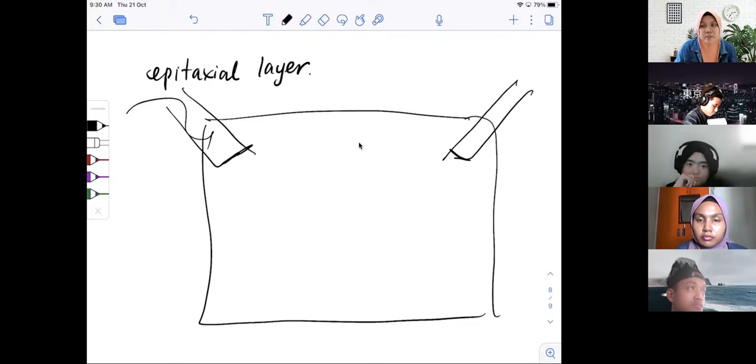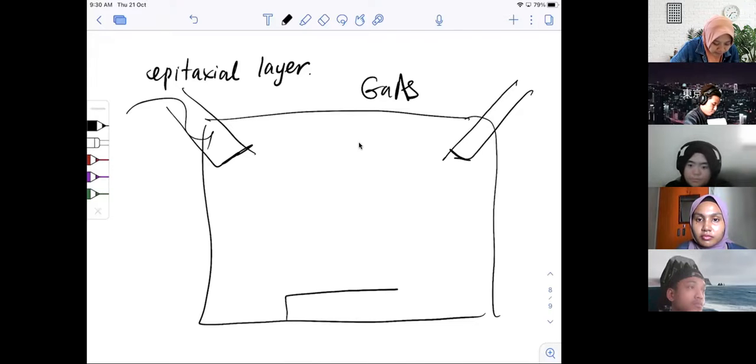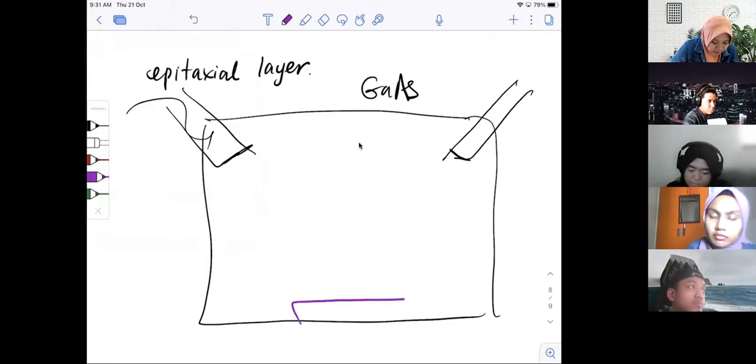For example, you want to make the material gallium arsenide. What happens is you have a piece of gallium over here. No, that's not right. Basically you have a substrate over here. Substrate can be anything. Do you know what a substrate is?